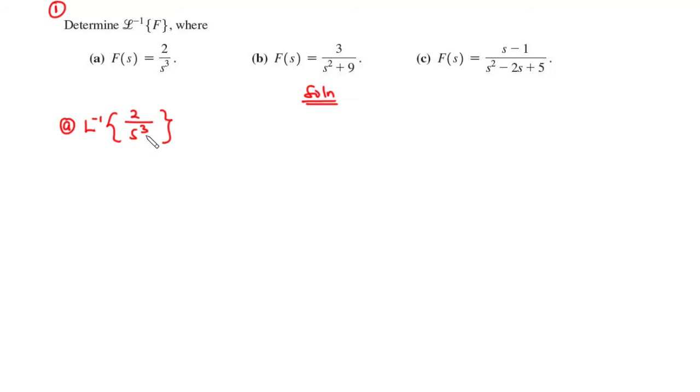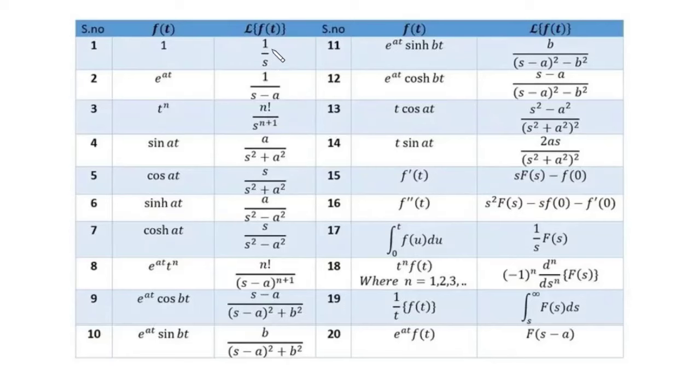So now we come to the Laplace transforms table, and then we have the first Laplace transform to be 1 over s, which corresponds to f of t equals 1. Now here we have s to the power 1, so obviously this is not what we are looking at. We move on to the Laplace transform that corresponds to e to the power at, and then here we have 1 over s minus a.